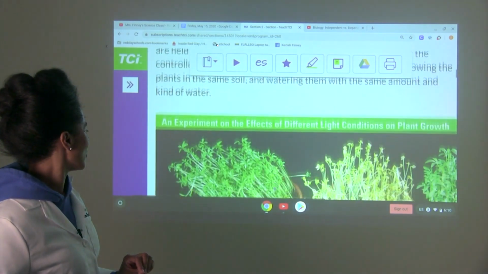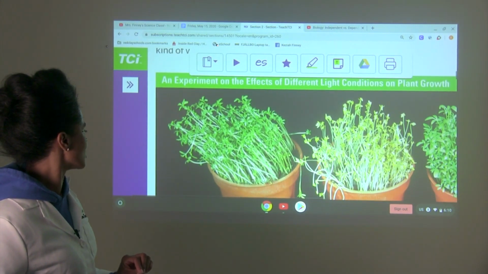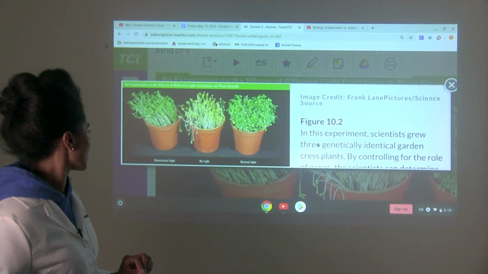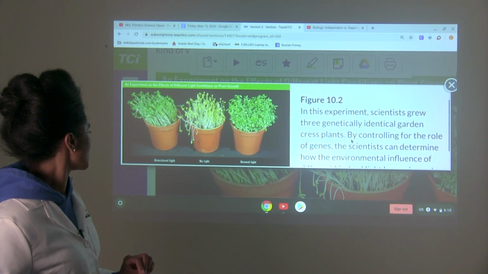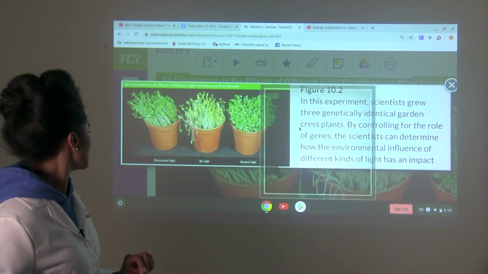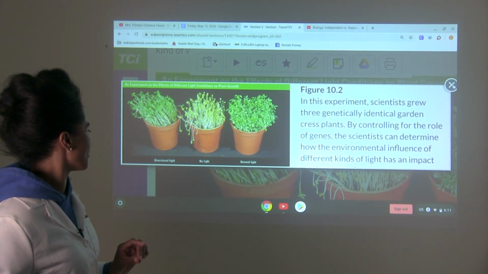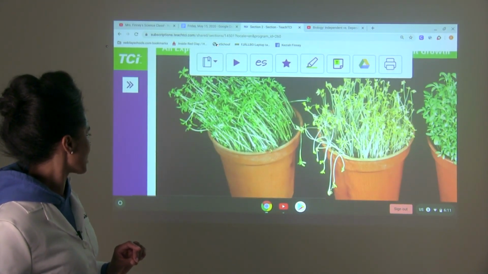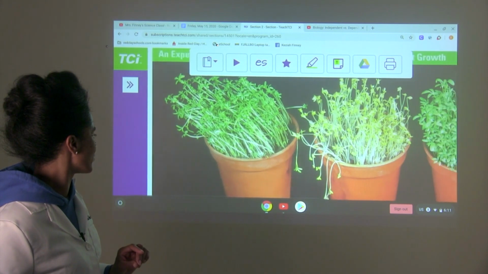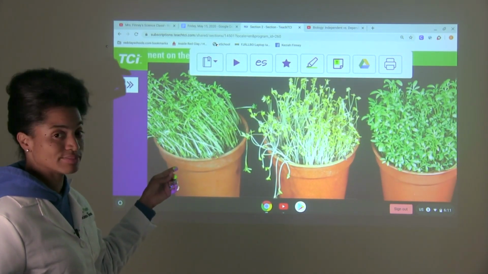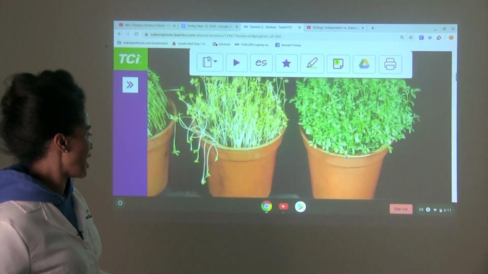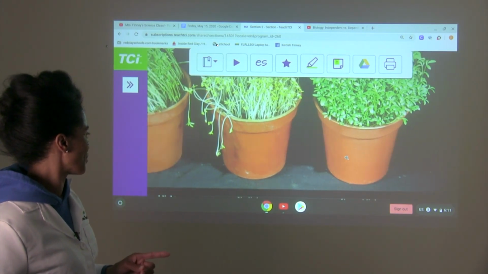All right, I want to take a look here. Check this out. This is an image of directional light, no light, and normal light. Directional light, no light, and normal light. Okay?